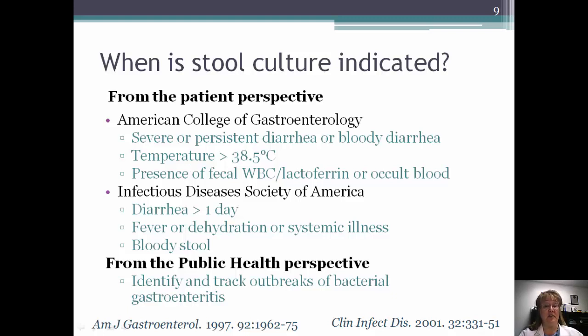Now, from the public health perspective, it's important to do stool cultures because these are what our public health colleagues use, the isolates, for identifying and tracking outbreaks of bacterial gastroenteritis.